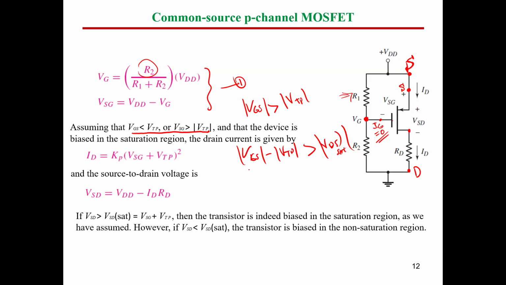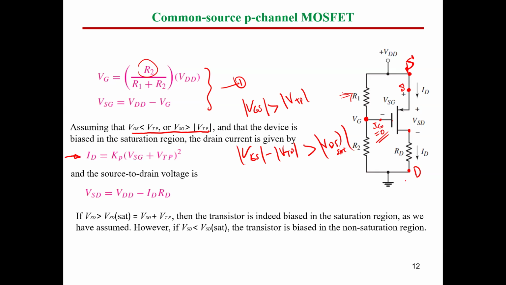So in this case, we can say it's in the saturation region, and we can apply the relation of the saturation. So ID equals Kp times (VSG plus VTP) squared. And take care that again, VTP is going to be a negative value. So substitute and get the value of ID and use the circuit relation.